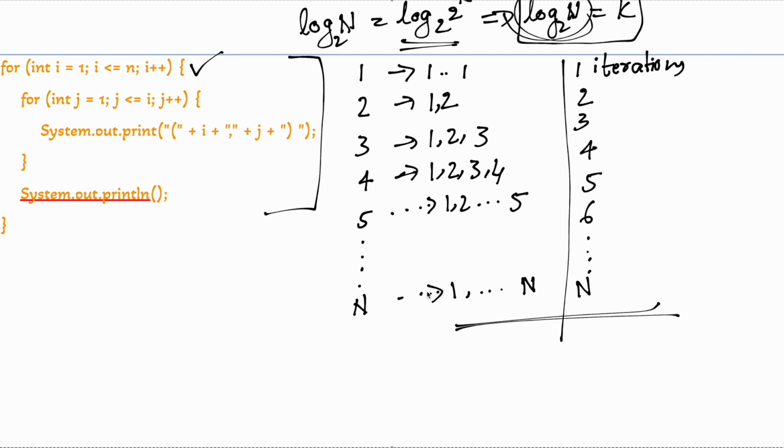We have to sum this, which means we have to find out 1 plus 2 plus 3 plus 4 plus 5 and so on till n. What is this number? How do we find this? There is a simple trick.